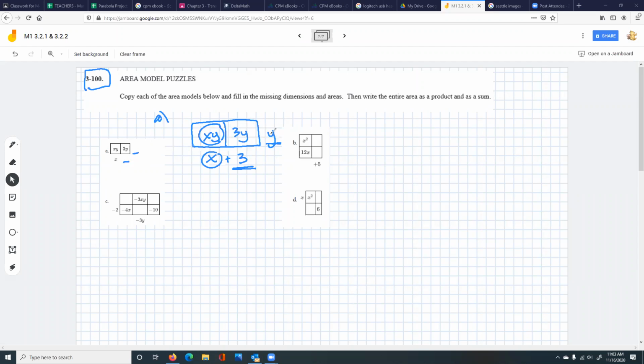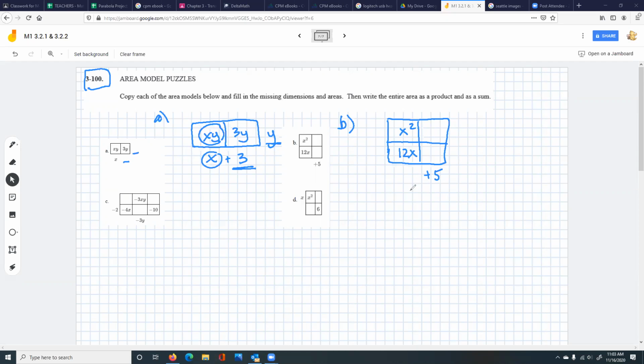Okay, so we'll do B next. We're doing the right side just because they're not leaving room over here. Okay, so we're doing plus 5 here, 12x here and x squared here.